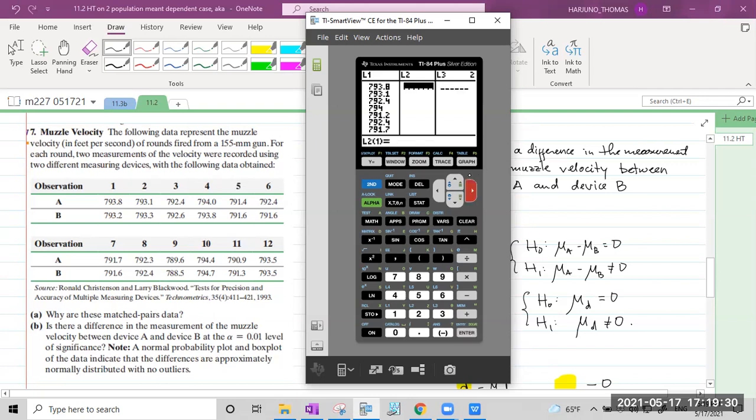Let's go to observation B. You need to be patient though. You already use a calculator. All you need to do is actually know how to input the data. I'm sorry, that's 793.2. And of course, how to use your calculator.